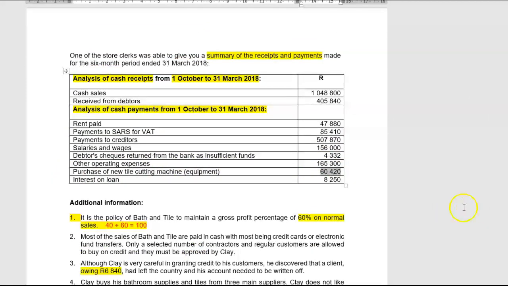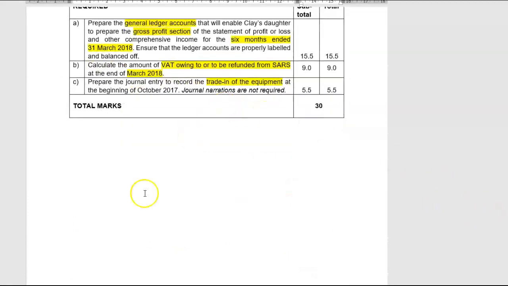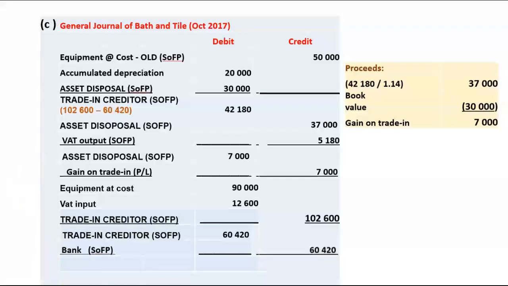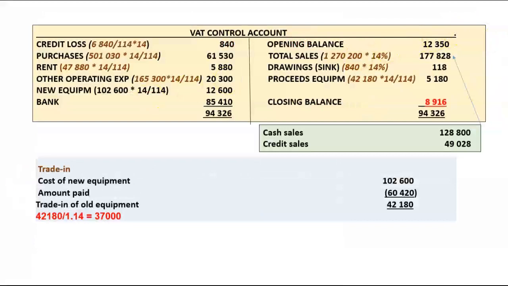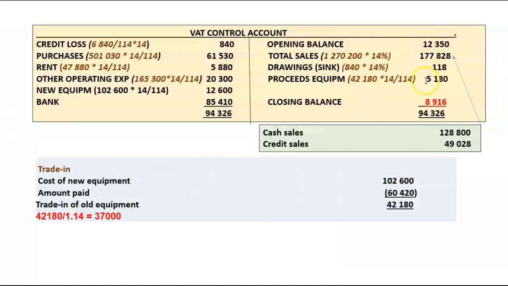The only other thing that we have to do now is to pay over the VAT here in our VAT output. The VAT output on the proceeds of equipment, that was the 5,180. That 5,180 we have to post there, and then we've posted all the entries in the VAT control account as well. We can balance off the VAT control account.